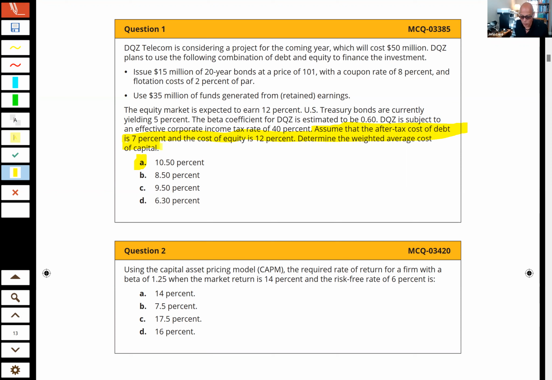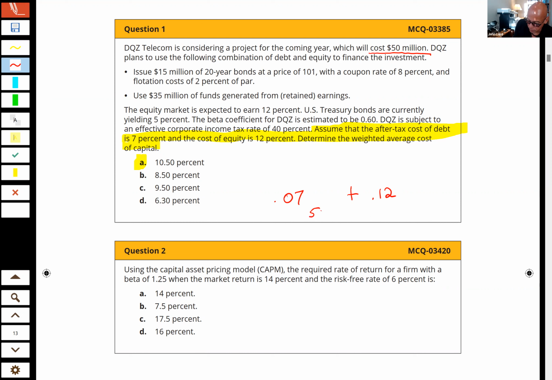So I know what the 2 costs are. The after-tax cost for the debt is 0.07. And the cost for the equity, for the retained earnings here, is 0.12. They told me that. So now I simply need to weight each one of these by how much debt versus how much equity, how much stock. And they tell me they need a total of 50 million.